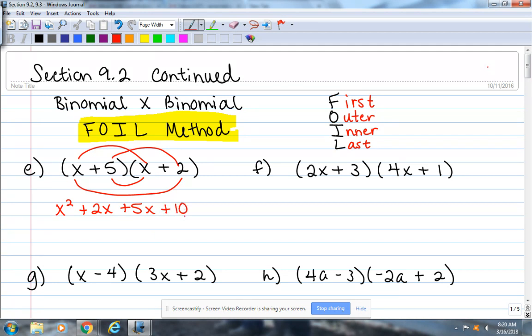And that's all you're multiplying. So your very last step is to take the two inside terms and notice that they are like terms, right? And so you combine your like terms in the middle. So what is 2x plus 5x? 7x. So my final answer is x squared plus 7x plus 10.